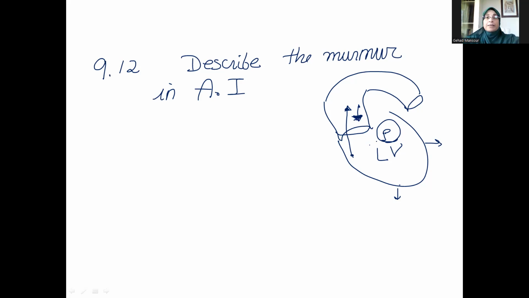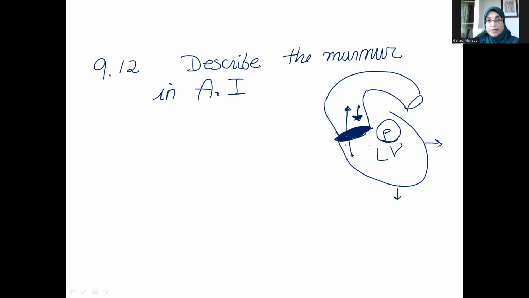But what prevents this tendency of the blood to backflow into the cavity of the left ventricle is the presence of a competent aortic valve, meaning that it is an aortic valve that is capable of complete closure during diastole.